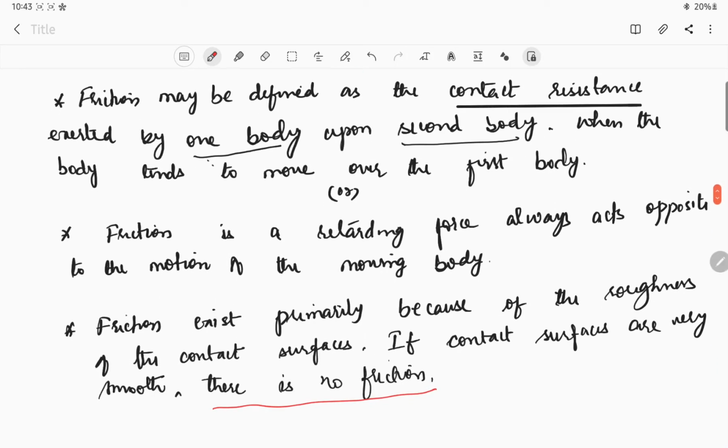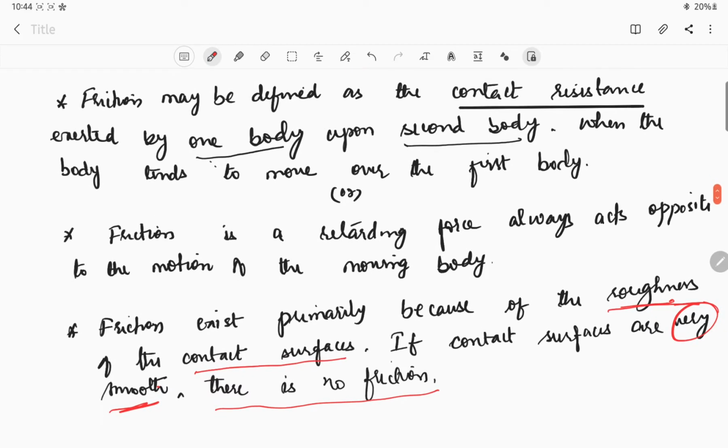This is a very important point. Friction exists primarily because of the roughness of the contact surfaces. If the contact surfaces are very smooth, then there is no friction.